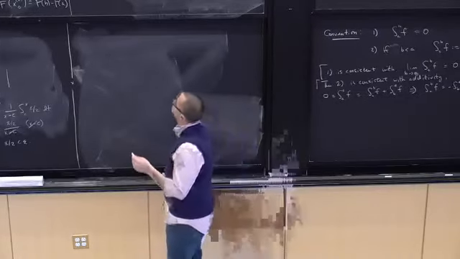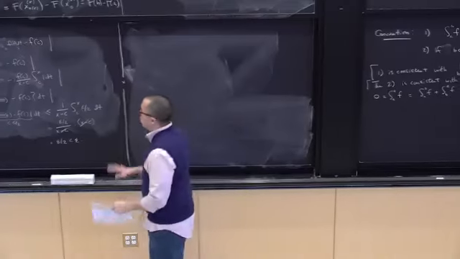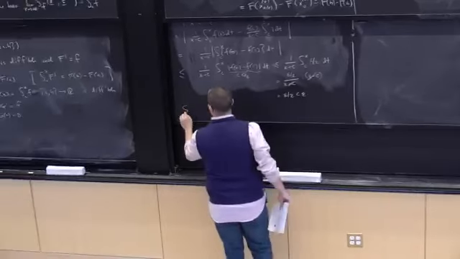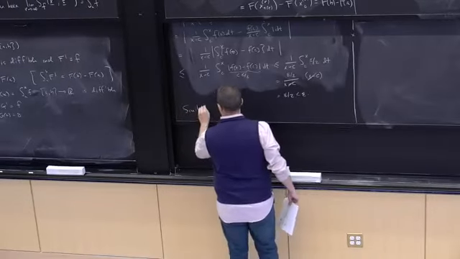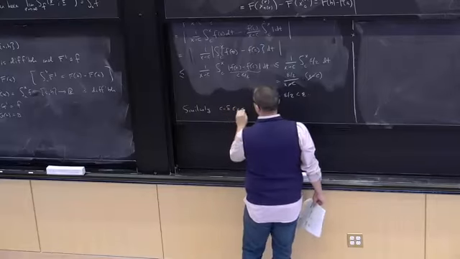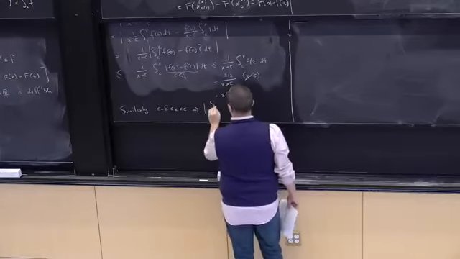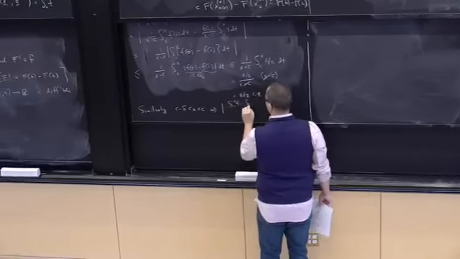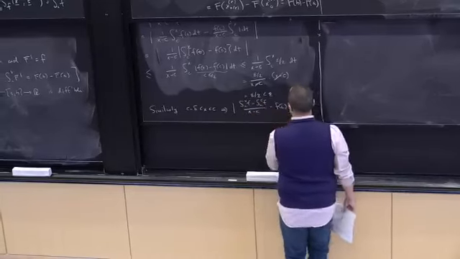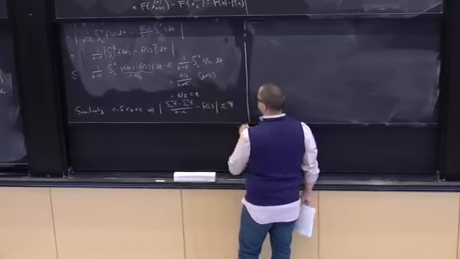The argument for x between c minus delta and c is essentially the same. Okay? Just with minor sign changes. So similarly, c minus delta less than x less than c implies that the integral from a to x of f minus the integral from a to c of f, over x minus c, minus f of c, is less than epsilon.